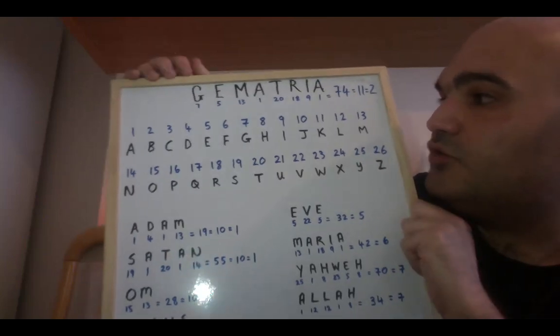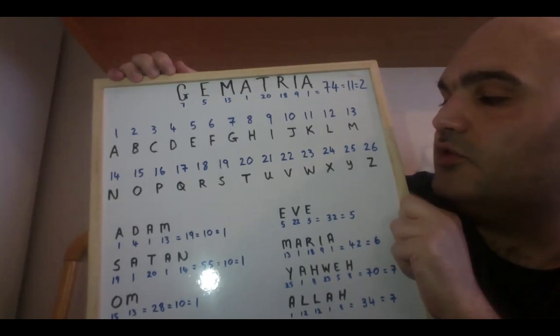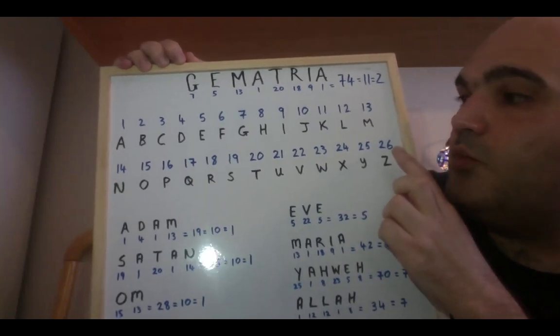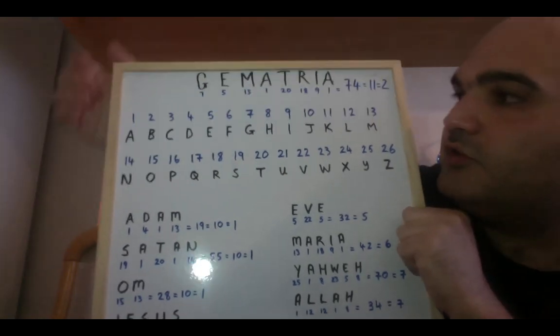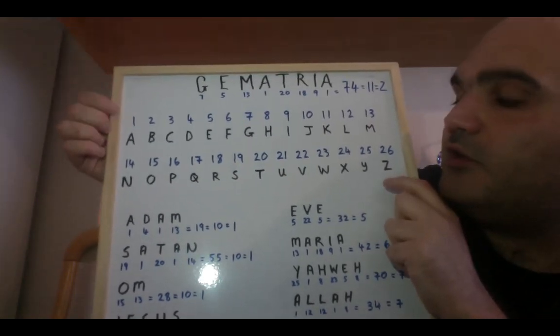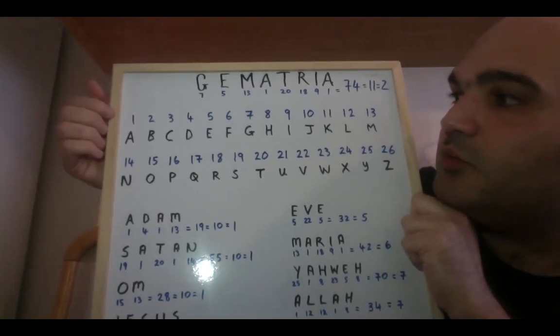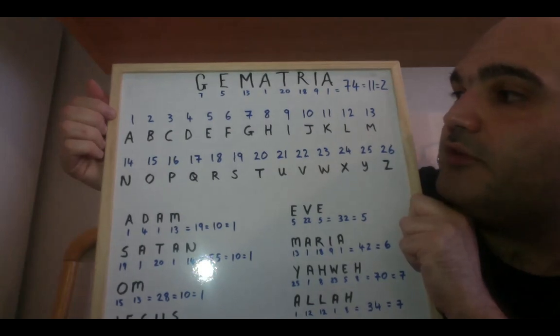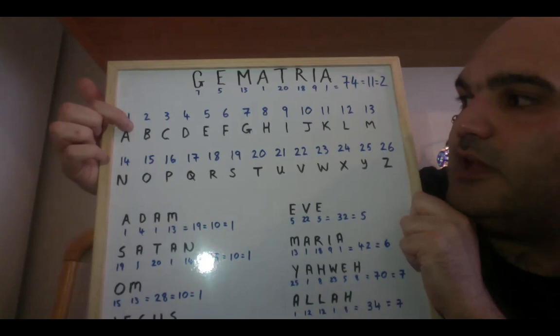Also, a really interesting thing that I came across is that obviously you can carry this cipher on. So for example, if A is 1 and Z is 26, then on the next cipher round, A would be 27 and B would be 28.